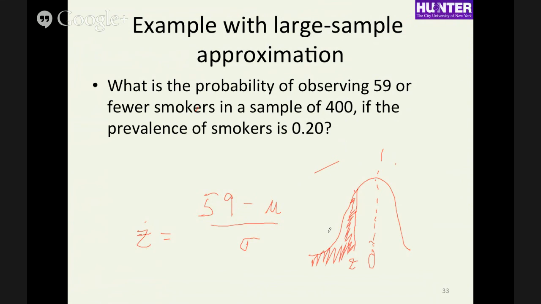We've observed the number of successes, or smokers, is 59, and the mean, which is the number of trials 400 times the probability of success 0.2, is 80. Since our value of little x is less than 80, the z will be negative.